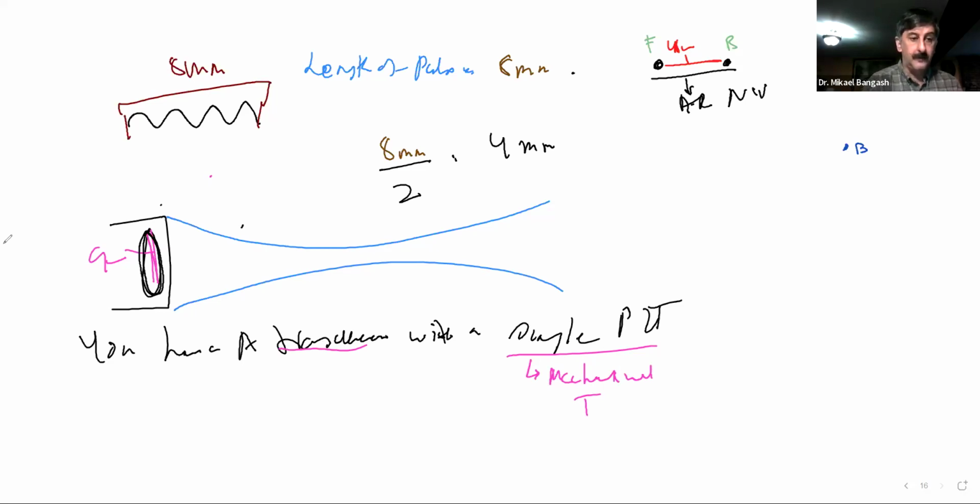What we mean is that this single PCT has a diameter of 9 millimeters. That's one thing that we saw in the diagram.